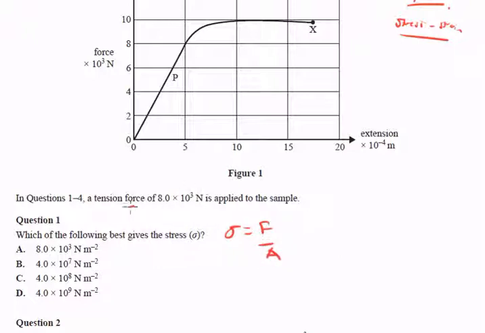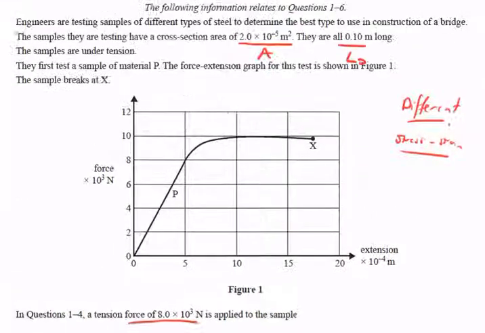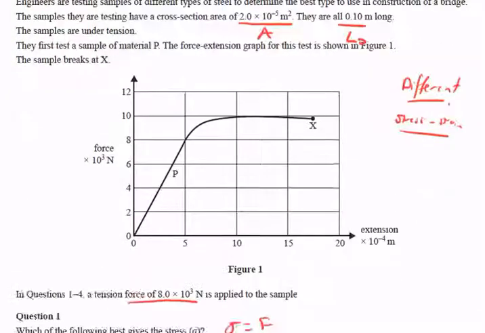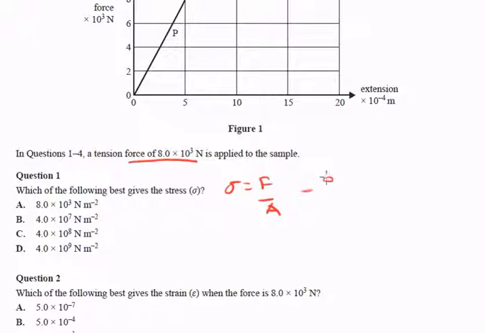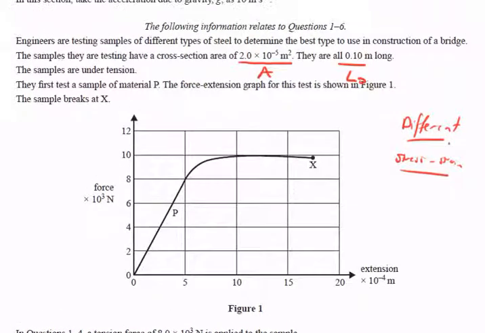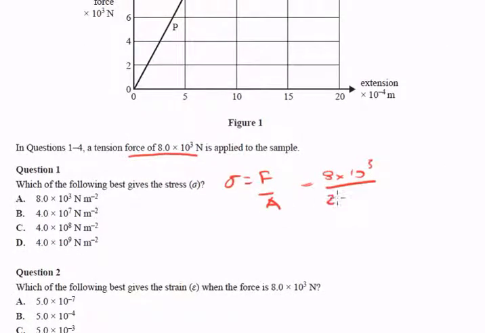Well, I've been given the tension force, and I know up here the area, so yes I do. So 8 by 10 to the 3 divided by my area of 2 by 10 to the minus 5. And when I calculate that, I get 4 by 10 to the 8.